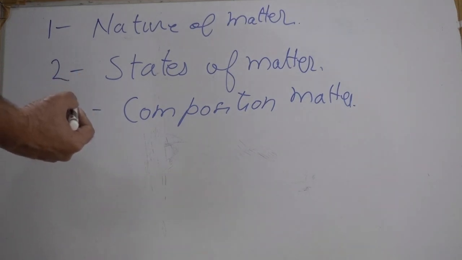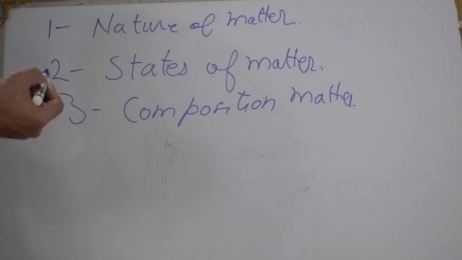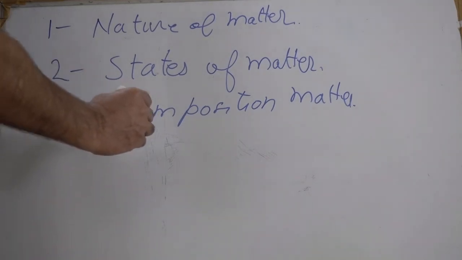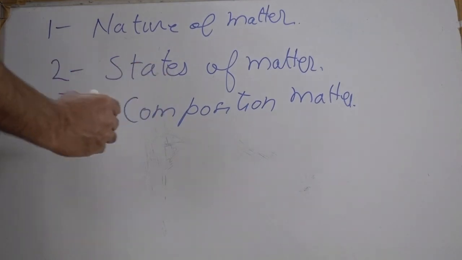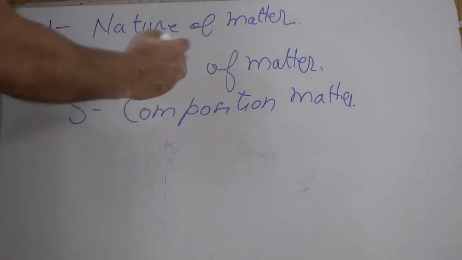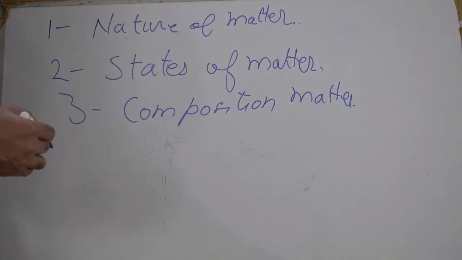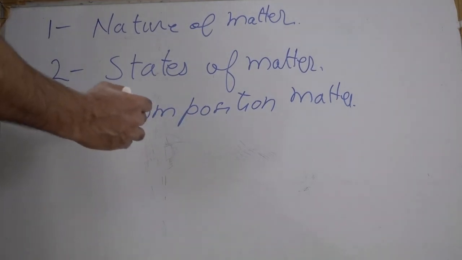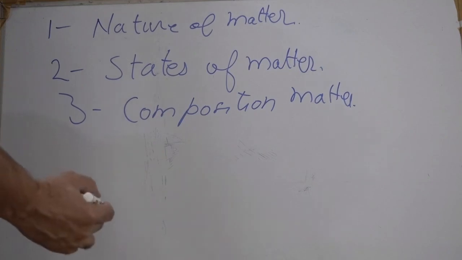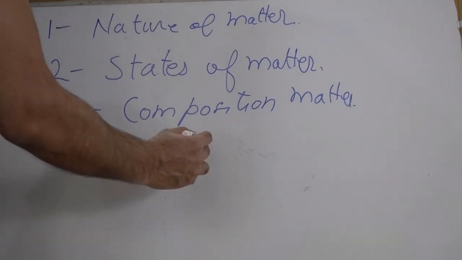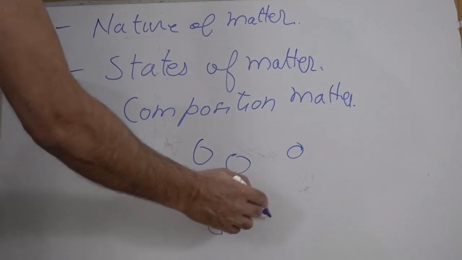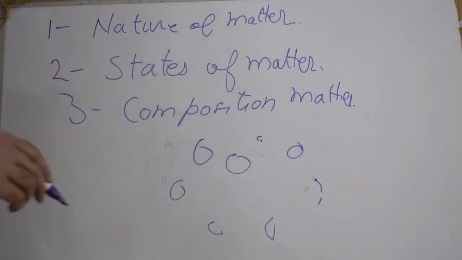When it turns into the liquid state, the kinetic energy, which was just vibrational in the solid state, turns into translational and rotational motion. And in the gaseous state, the translational and rotational motion becomes enough to get rid of almost all forces of attraction between the molecules, and the molecules start roaming throughout the space available.